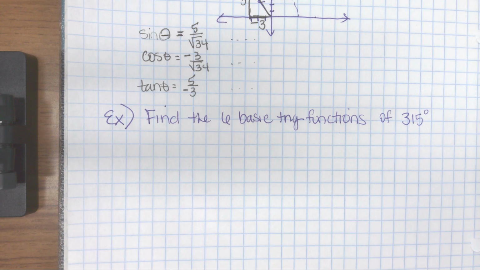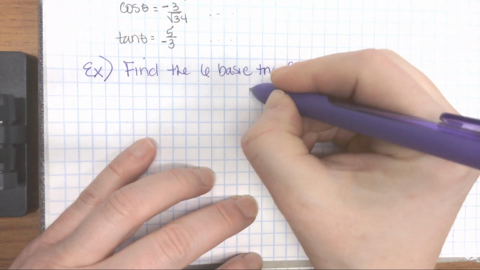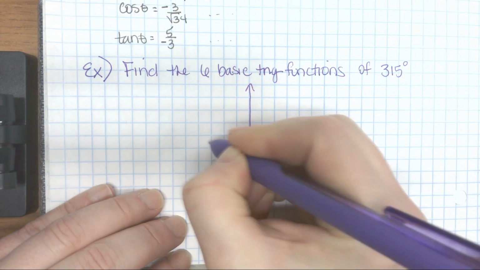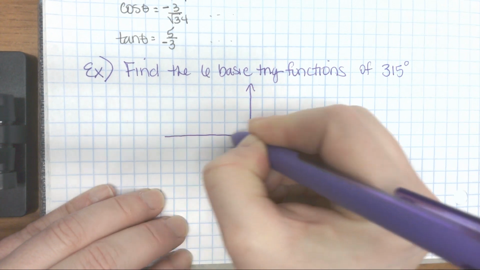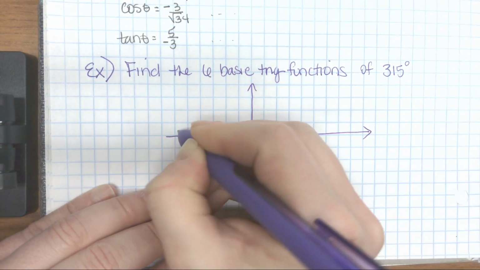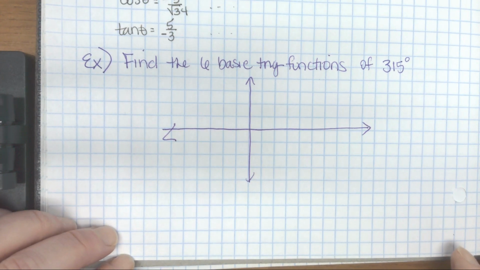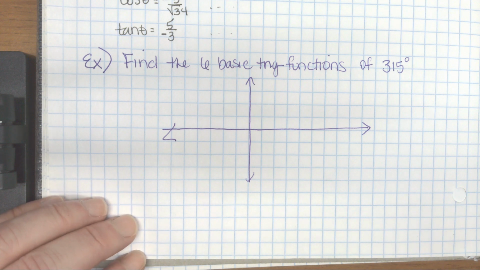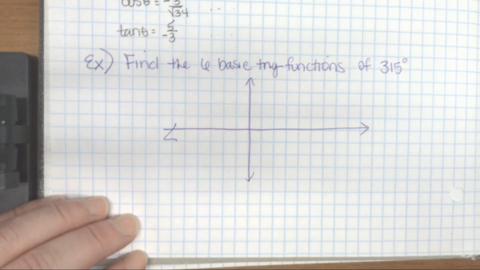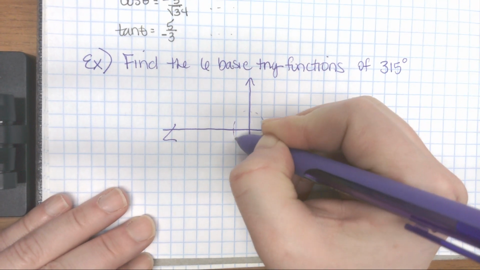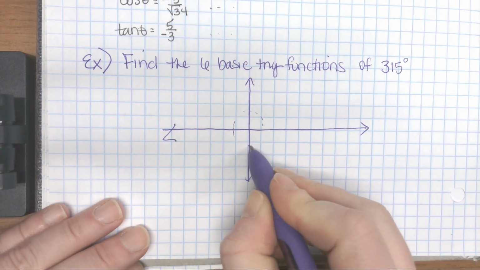All right, so where is 315 degrees? Quadrant 4, specifically. Now, this doesn't have a terminal point because if I know the perfect triangle, I'm just going to do a reference triangle for it, okay? Specifically, 315, let's see, we got 90, we got 180, 270. We keep going. Where's 315?